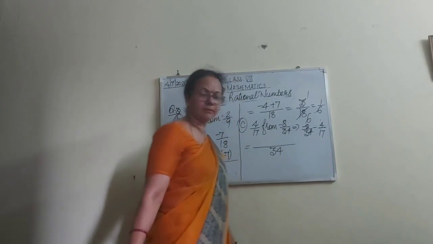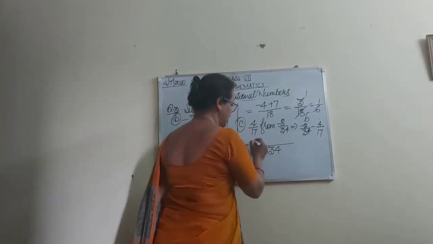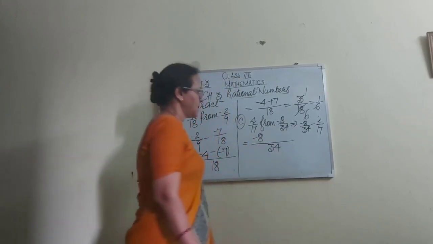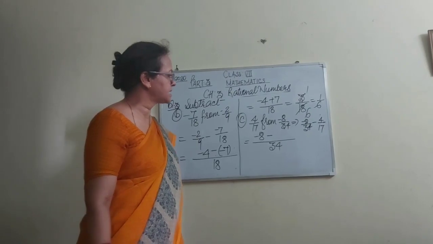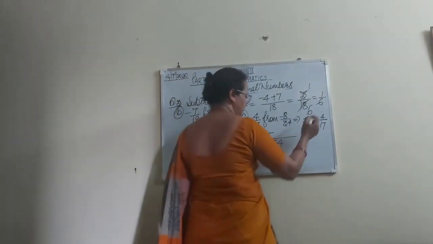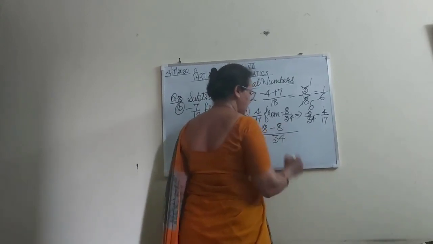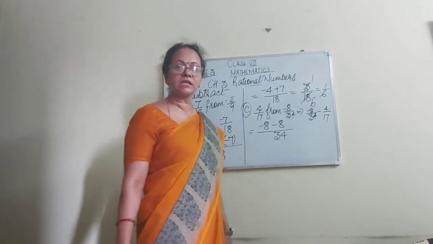So 34. 34 divided by 34 will give you 1. 1 multiplied by minus 8 is minus 8. That's right. Then the minus sign is there. 34 divided by 17: 17 twos are 34, and 2 will be multiplied with 8. That is 8. Minus 8 minus 8, minus will be plus.